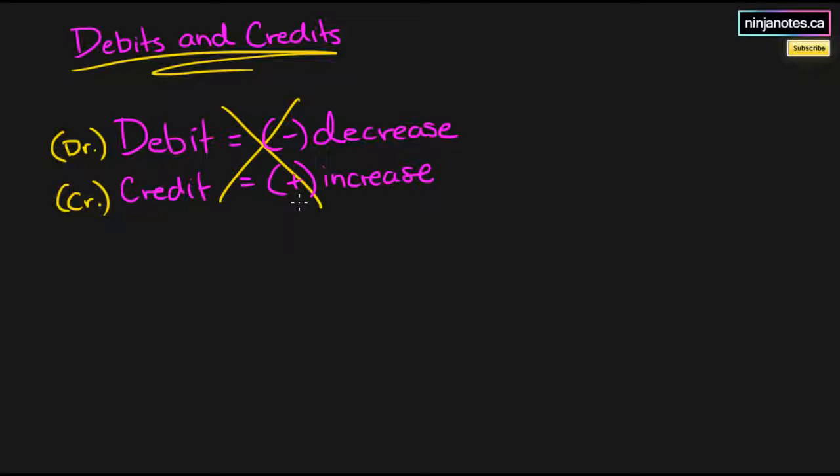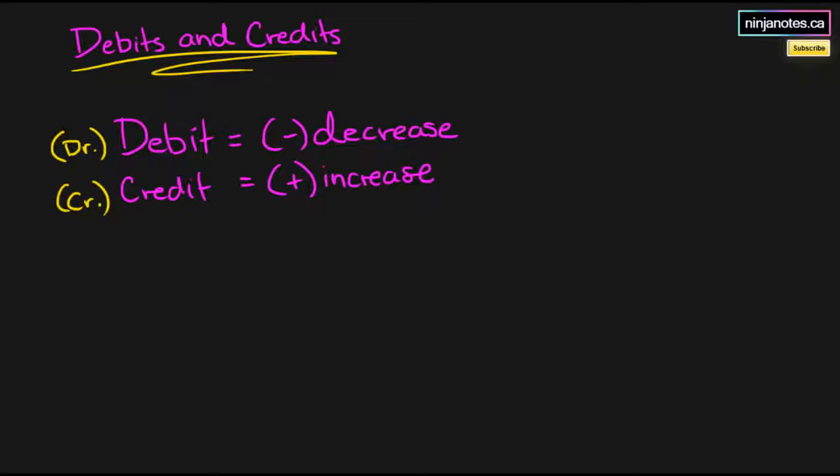If I'm debiting cash and crediting revenue, where DR is just abbreviated for debit and CR for credit, this does not mean that I'm decreasing cash and increasing the amount of revenue I have in those accounts. There is actually a specific rule within financial accounting for what debits and credits are, which we're going to learn about in the next few seconds.